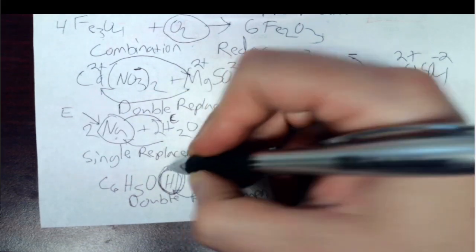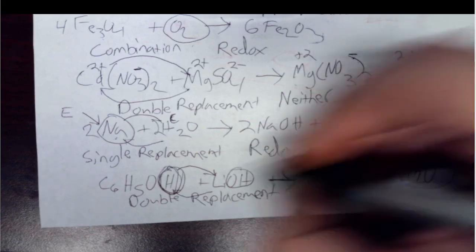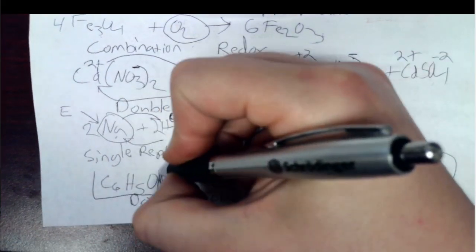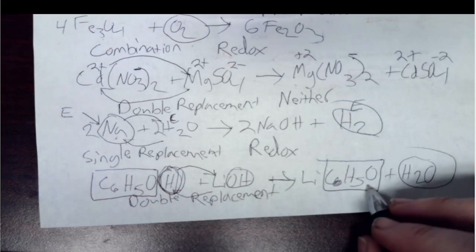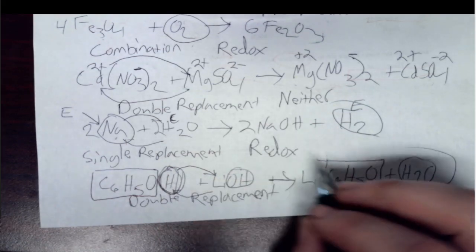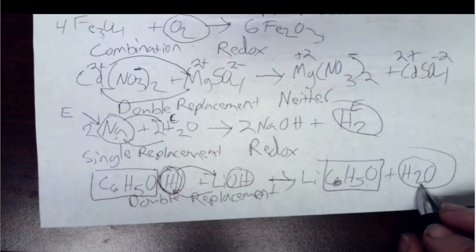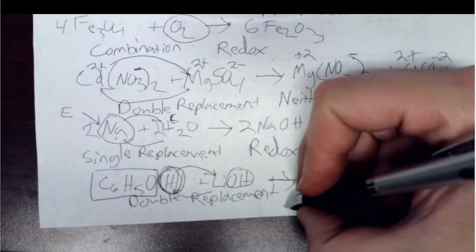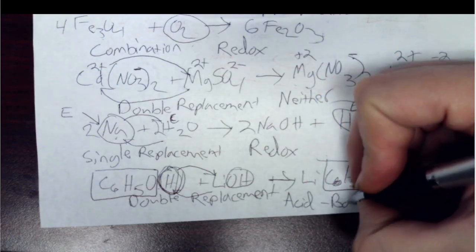How do we know this H is being lost? Because look, we have this molecule. I'll put a box around here. What's different between this whole molecule and this is that it has one less H. So this H plus, OH minus, goes to water. This last one is an acid base.